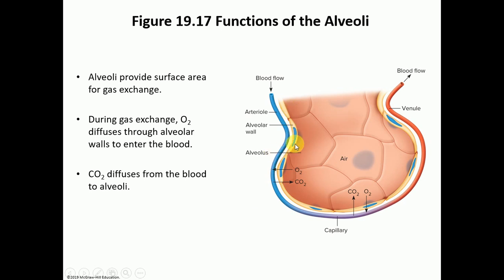So this right here is the alveolus, and you can see here that simple squamous epithelial lining. This is where the air would be. And you can see the blood flow. So this is the deoxygenated blood coming from the right side of the heart, with more carbon dioxide and less oxygen. And as it flows, it is going to get rid of the carbon dioxide, and oxygen is going to diffuse into these capillaries.